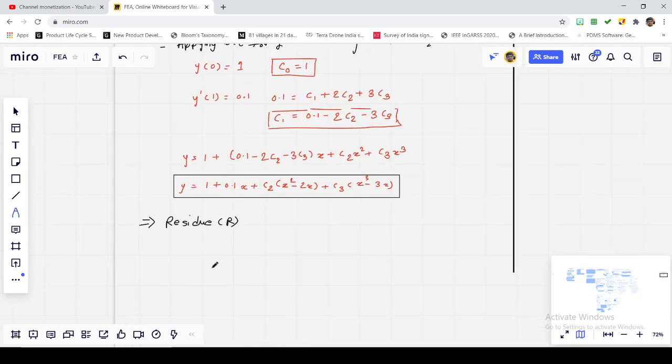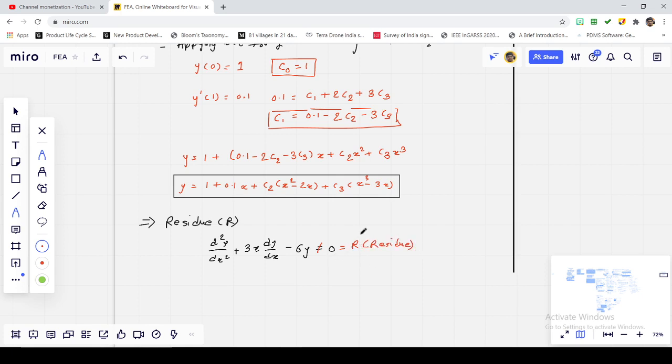So I am writing that again: d2y by dx square plus 3x dy by dx minus 6y is equal to 0, which is given, but this will not be the case, this will not be equal to 0, and that we will assume to be R, and we are interested in this R.